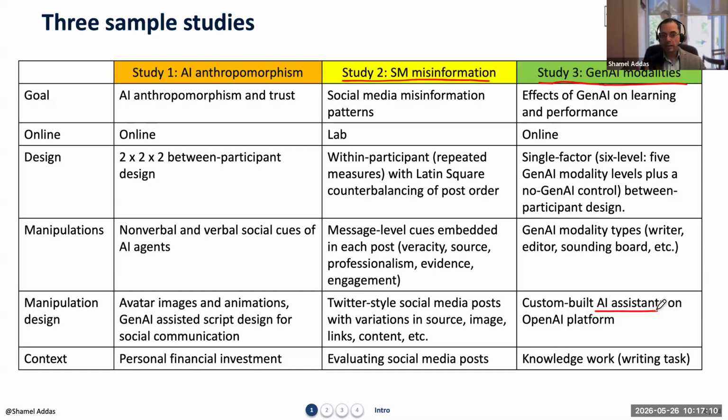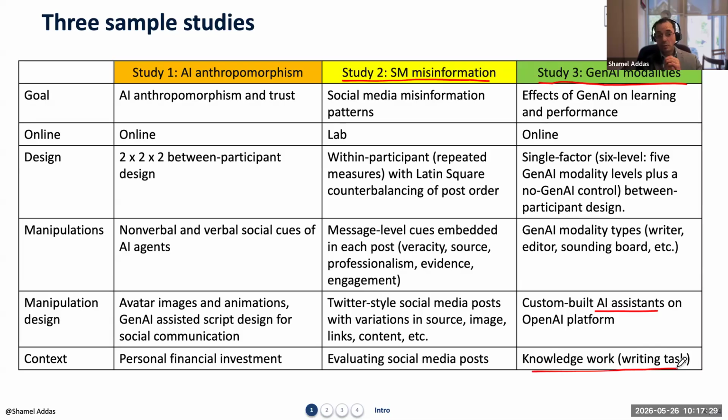There was no access to anything else. They couldn't access their browsers. They couldn't access other materials. They could only interact with the Gen AI tool as we've designed it. Because we wanted to have very tight control on what they could or could not do. And the context here is knowledge work. So it was a writing task.